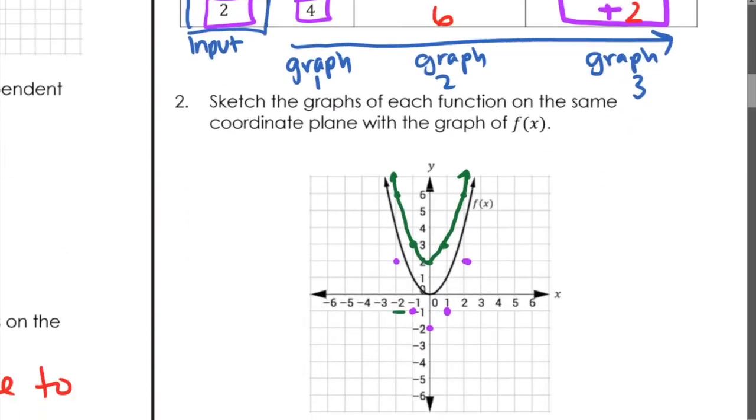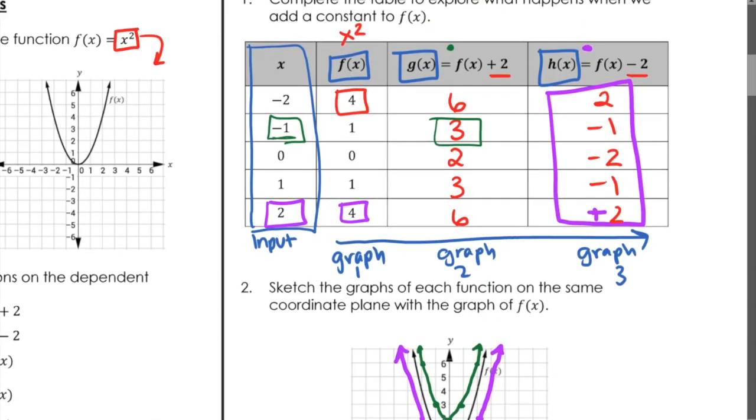Alright, now I'm going to connect my dots. Now notice, the green one went up by 2. The purple one went down by 2. So again, the green one went up by 2. The purple one went down by 2.